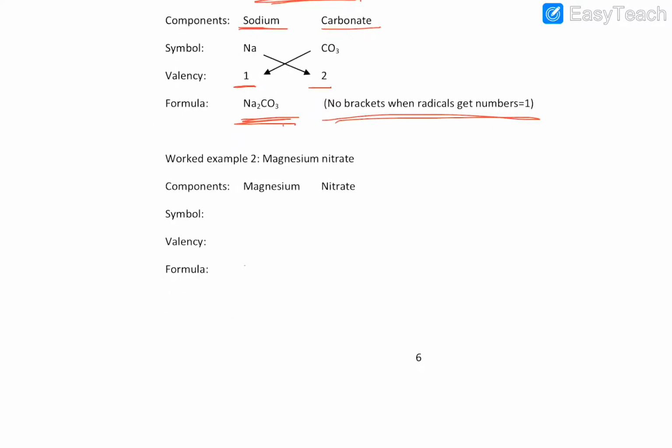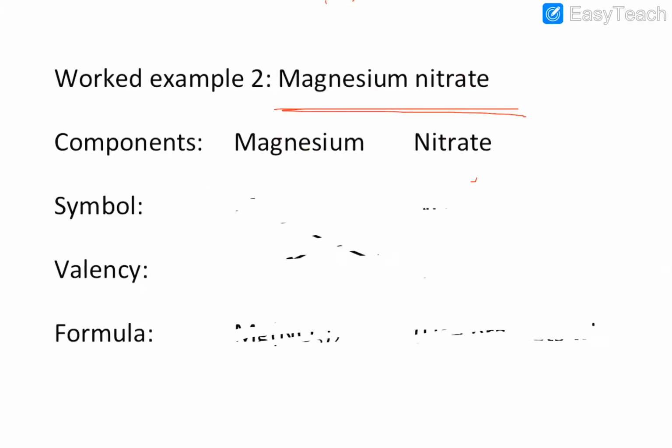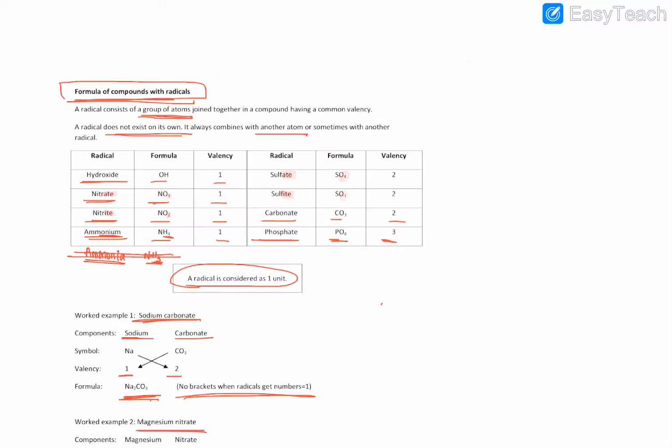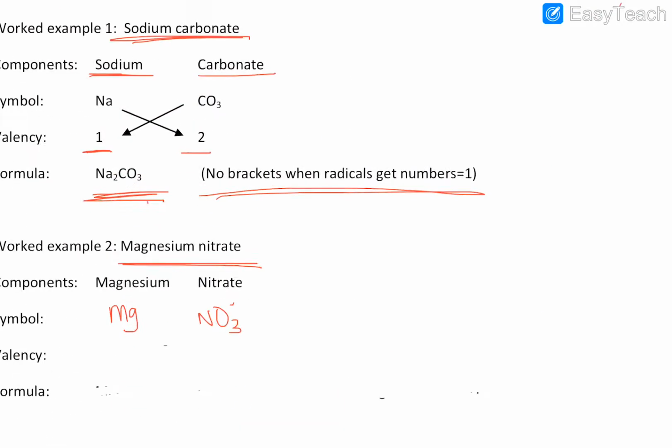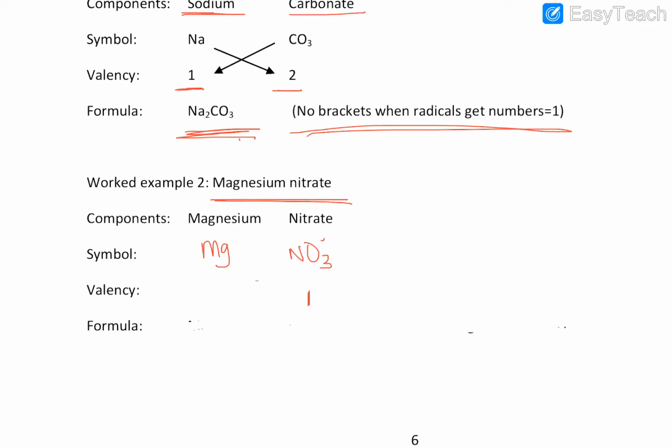So let's see the other example, magnesium nitrate. Magnesium nitrate contains magnesium and nitrate. Symbol for magnesium is Mg. Symbol for nitrate is NO3. I'm getting this from the table. So nitrate here, you see, NO3 valency 1. Magnesium is in group 2, therefore it has valency 2. Cross multiply, we cannot simplify 2 and 1, so let's cross multiply directly. Magnesium gets 1, so we'll have Mg.